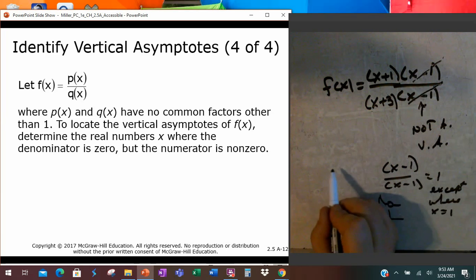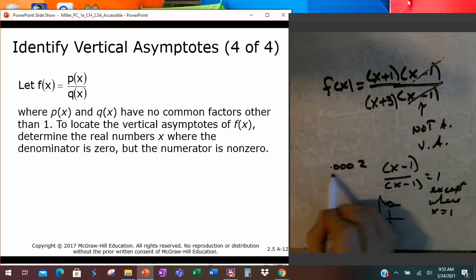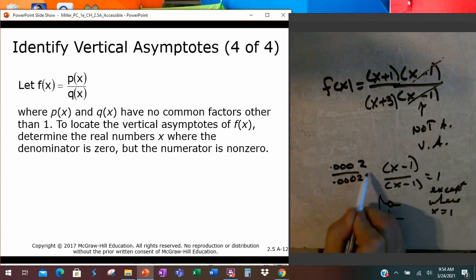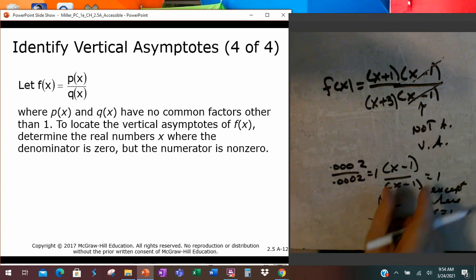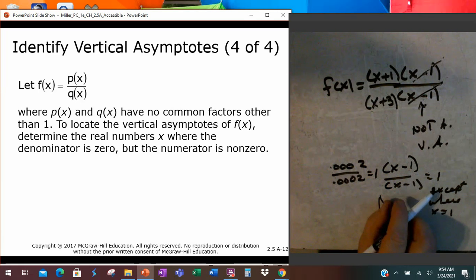Everywhere else, no matter how small, that's just going to be 1. So this is getting very close, but at exactly 1 it's not defined, and we have to pull that out. That's why it says no common factors. To locate the vertical asymptotes, we determine the real numbers x where the denominator is 0 but the numerator is non-zero.